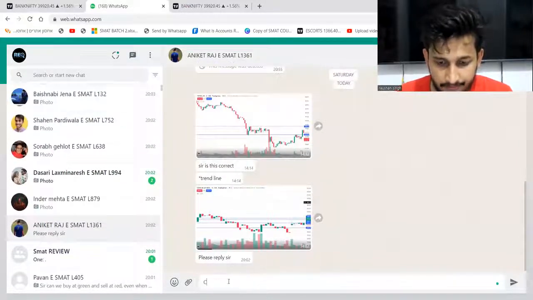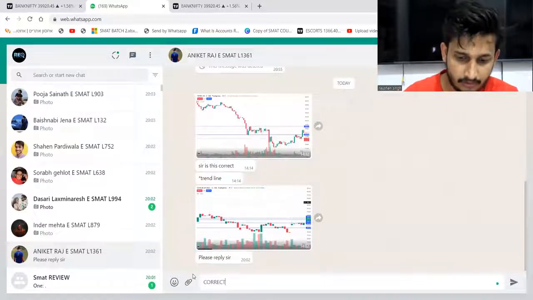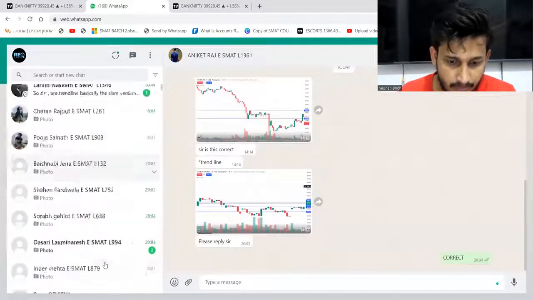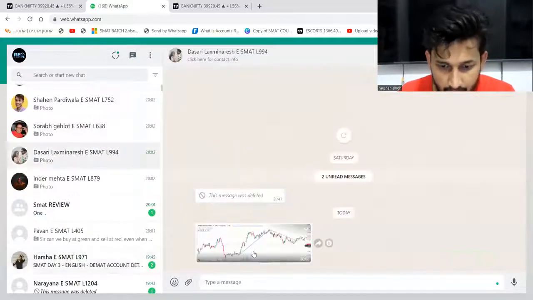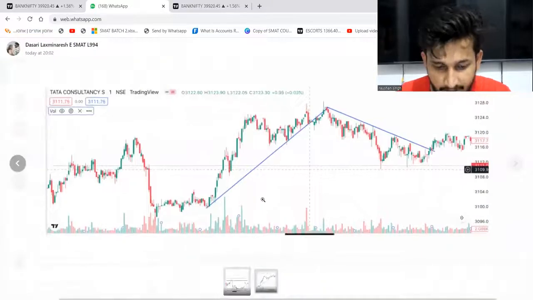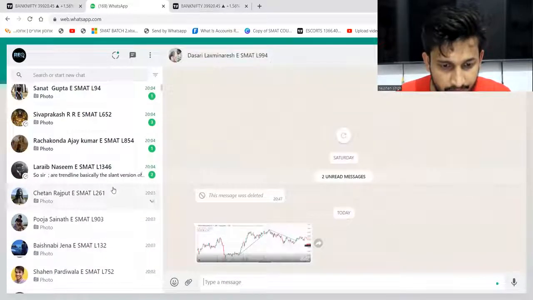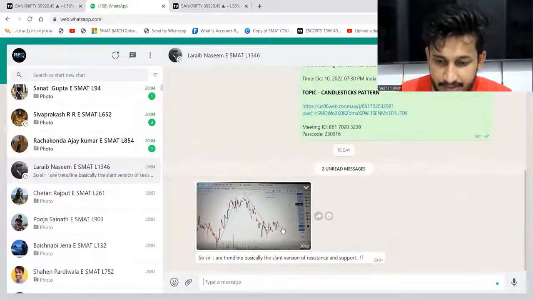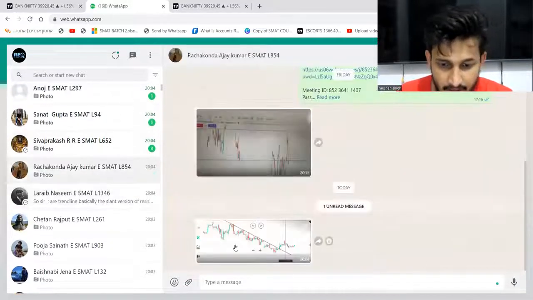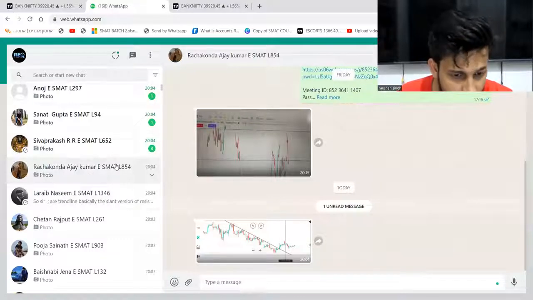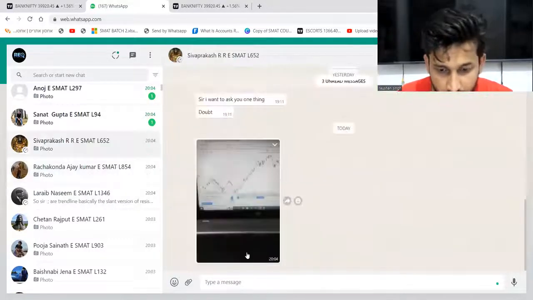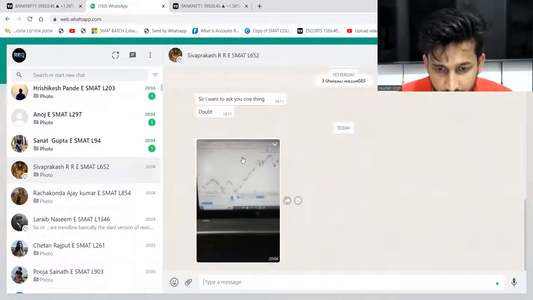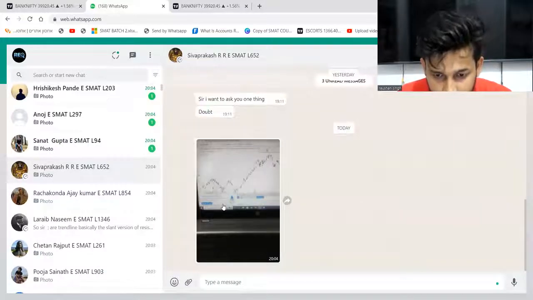Correct. Dhanlakshmi, correct. Our trend line is basically the slant version of the base? Yes, you can say that. Correct, Rachna. Ajay, correct, and what was your doubt?